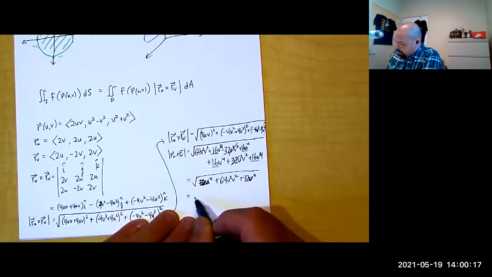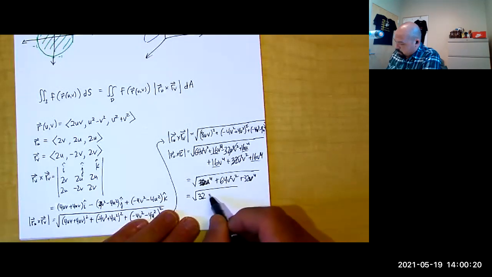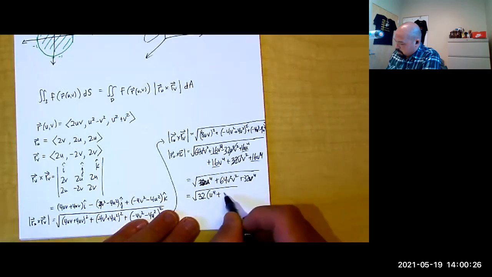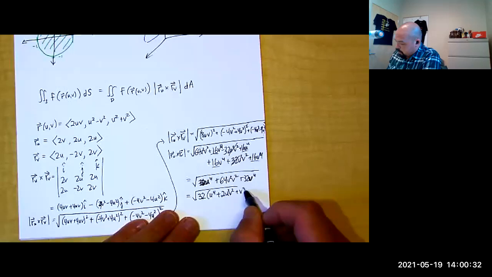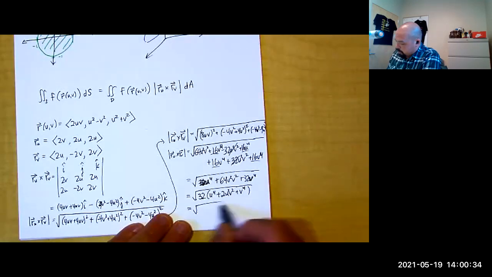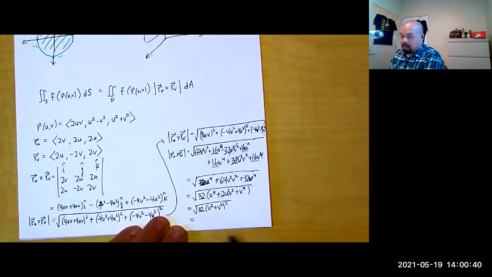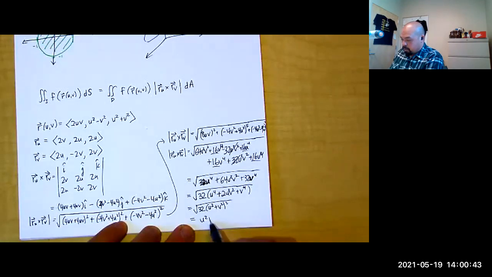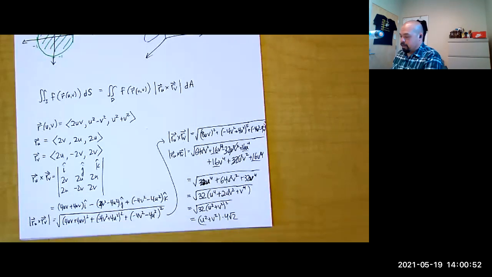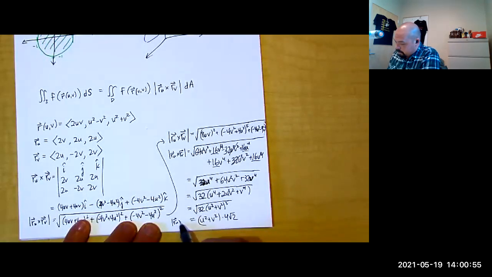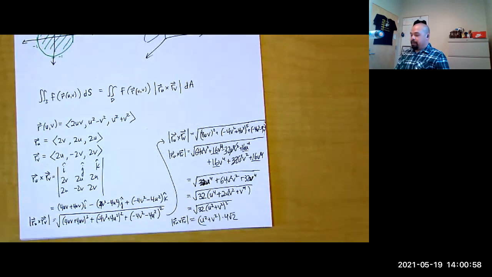Factoring out 32, we're going to have u to the fourth plus 2u squared v squared plus v to the fourth, which is 32 times u squared plus v squared, squared. So at the end, simplifying that, we get u squared plus v squared times the square root of 32, simplifying here, 16 times 2, so 4 root 2. We can carry that around. So there's that cross product magnitude. Messy, I know.